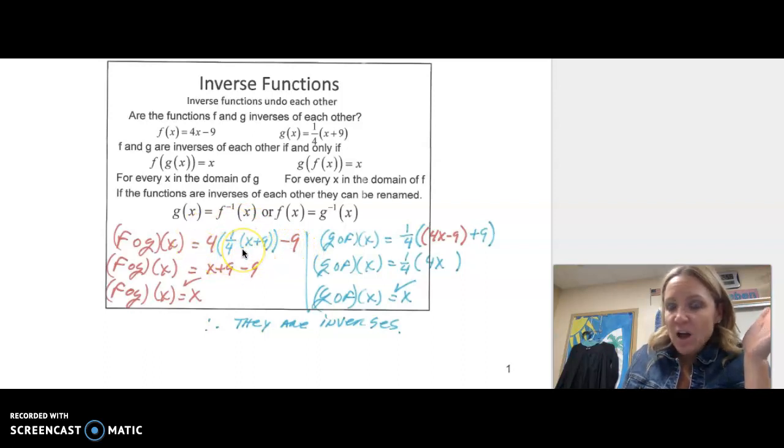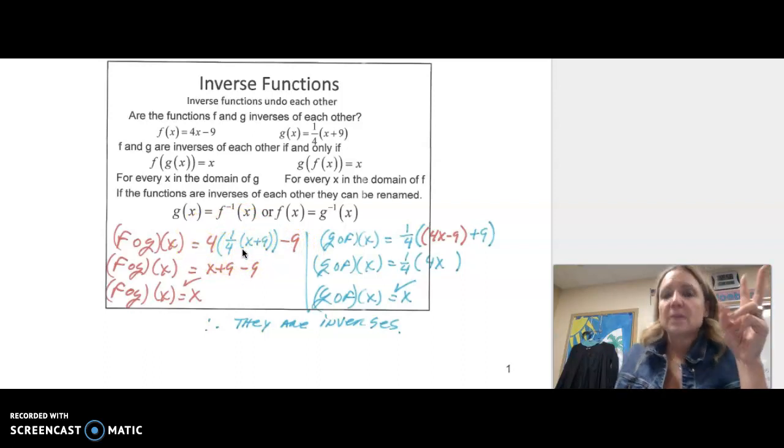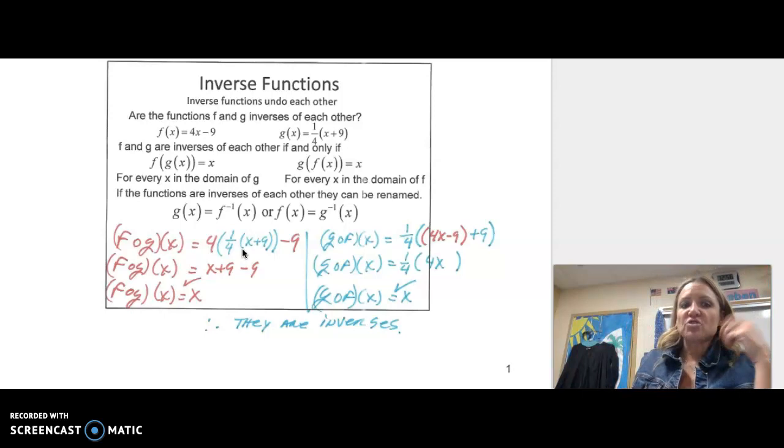It looks a little bit complicated, but because they should be inverses of each other, they should undo each other, right? So the 4's cancel, and we have 1 times x plus 9, which is just x plus 9, minus the 9. And then these two are opposites, so we're just left with x.